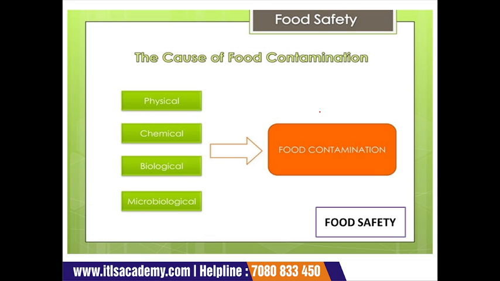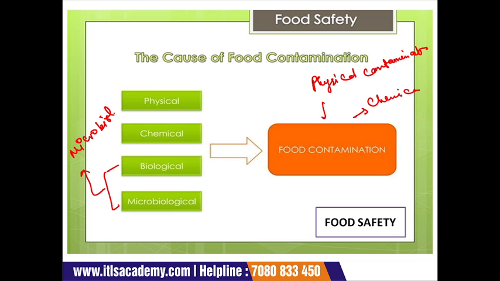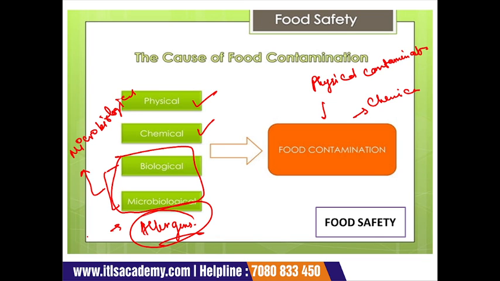Food is contaminated by physical contamination, chemical, microbiological (microbiological and biological are considered the same), and the last one, allergens. So we have four forms: physical, chemical, microbiological, and allergen.